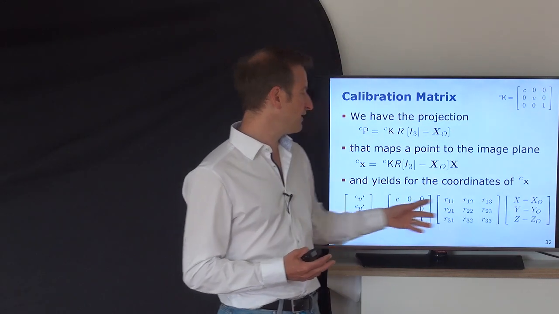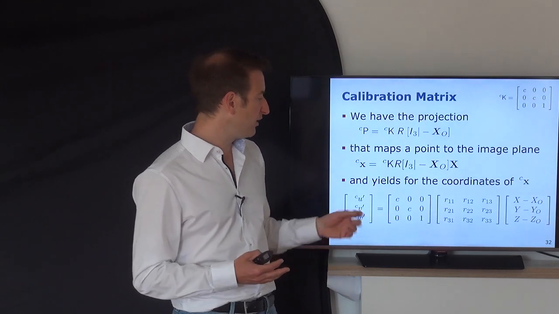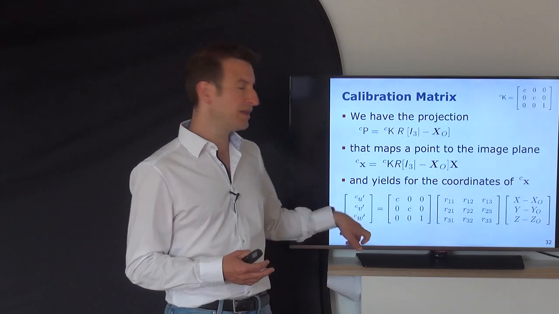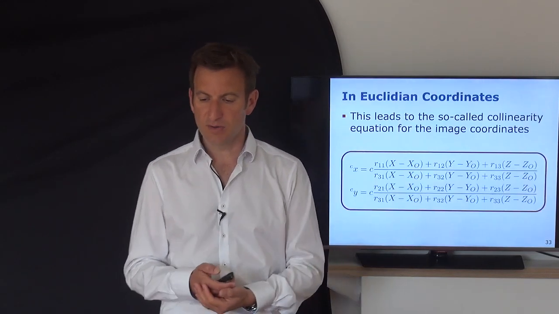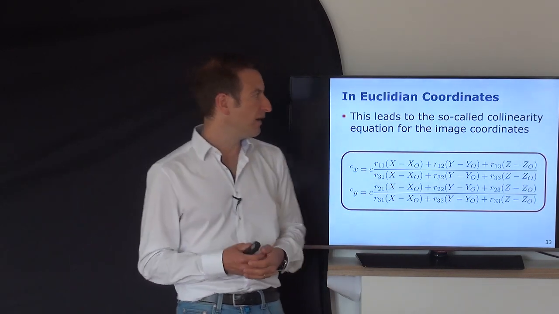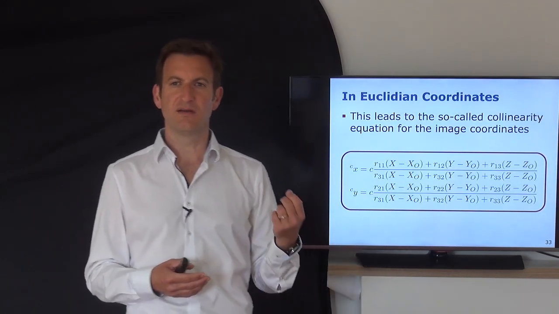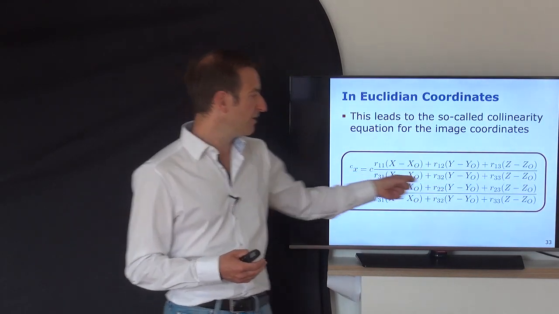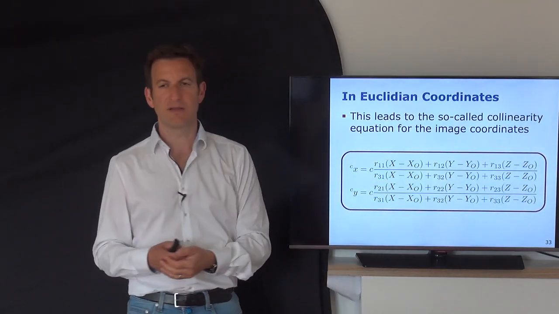Then we have our rotation matrix, and then we have our calibration matrix over here. And what we can see now is if we perform all those operations and then normalize to 1 to get an idea how that would look in Euclidean coordinates, we get an expression which looks like this, which is a so-called collinearity equation for the image coordinates. And this is the operation that I need to execute in order to transform the 3D point onto the x coordinate or the 3D point onto the y coordinate in the image plane.